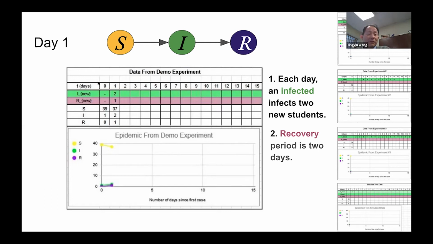So therefore in day 2, in the spreadsheet, you see I is 2, and that means susceptible will drop from 39 to 37. So then in day 1, you have 37 susceptible, 2 infected, and 1 recovered. So total is 40, and that is day 1. And let's move to the next one.